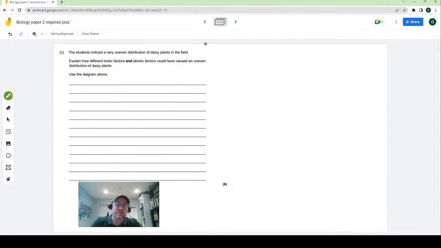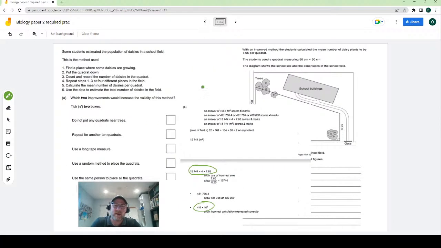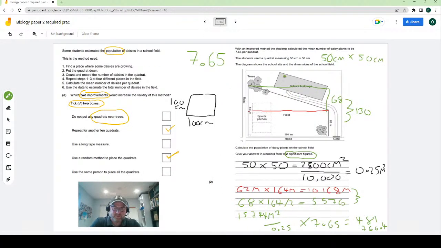We'll have to go back and look at the diagram and see. What about the students? Are the students biotic or abiotic? If we go back and look at the school building, what would you call students? Biotic factor or people? Are they alive or not alive? And how could students affect the amount of daisies in the field?